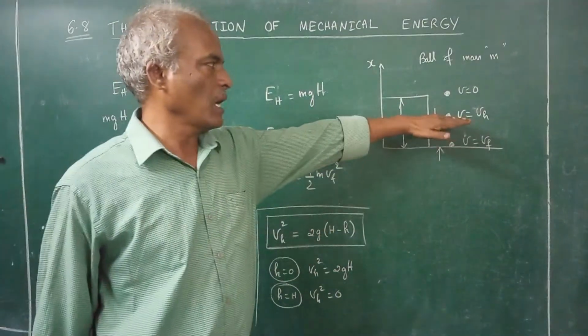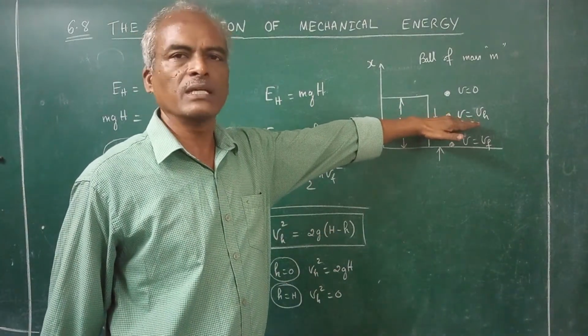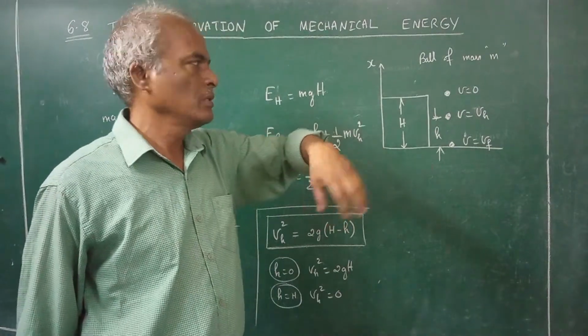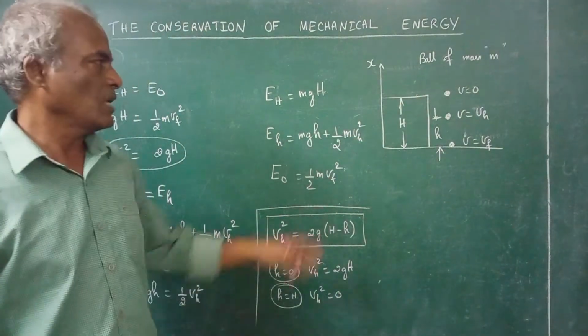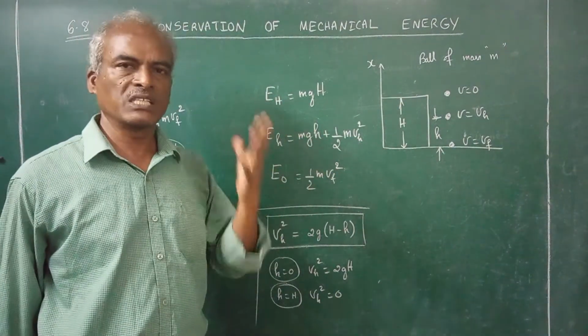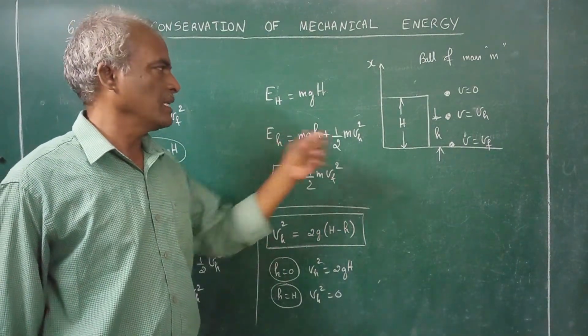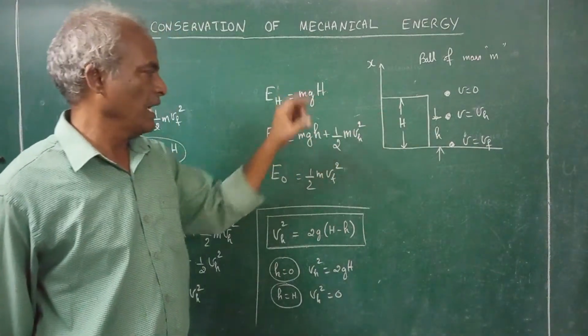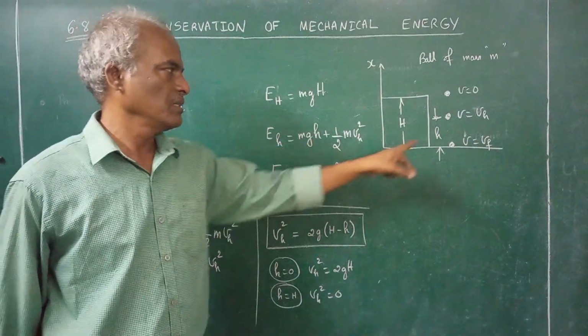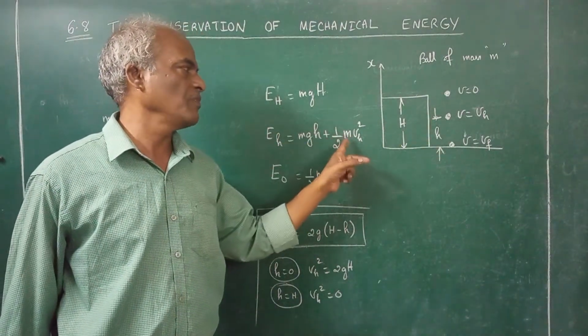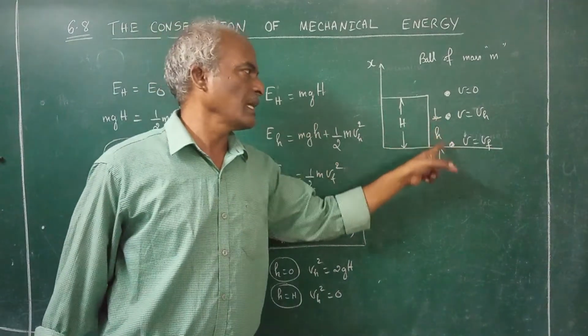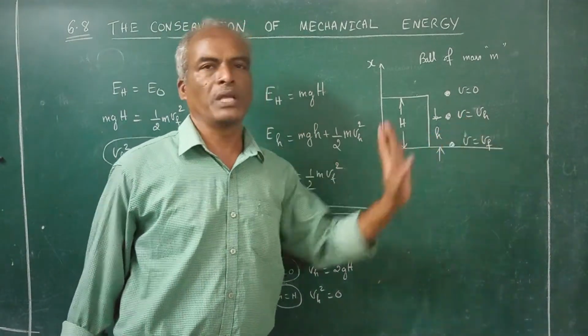Now you take some arbitrary point in the space when the ball is dropped, at a certain height h. At that point we have both potential energy as well as kinetic energy. So the energy at this point with height h is equal to mgh plus half mv square. For this height, what is the velocity? v is equal to vh.